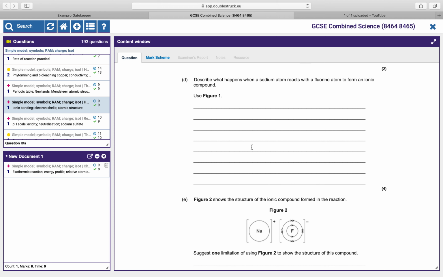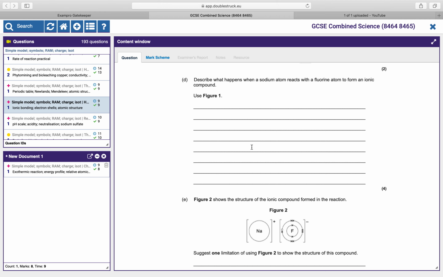Okay, so describe what happens when a sodium atom reacts with a fluorine atom to form an ionic compound. This is the same strategy I taught you last time about answering these types of questions. State what electrons are going from where to where, stating how many electrons there are, using the word transfer.